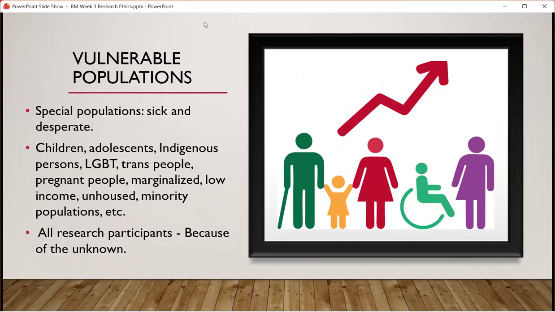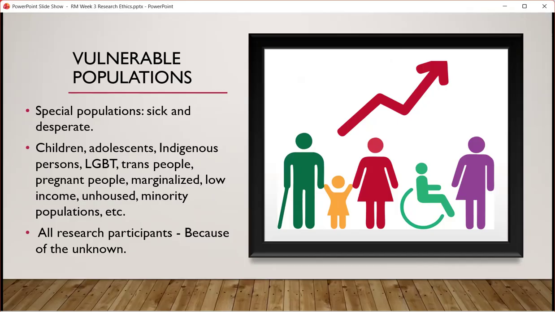And I just want to name vulnerable populations and highlight that, again, special populations, for example, could be the sick and desperate, a small subset of people with a very, very rare brain tumor who are desperate for a cure or some sort of life extending treatment.